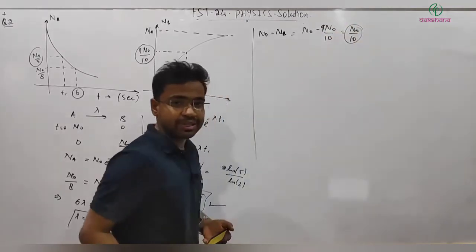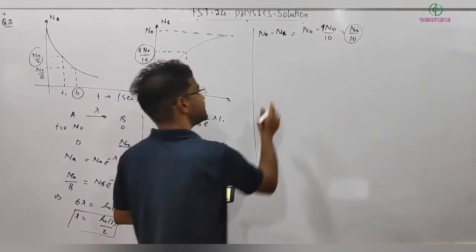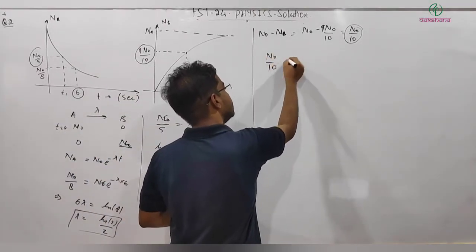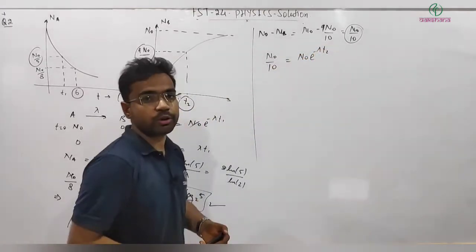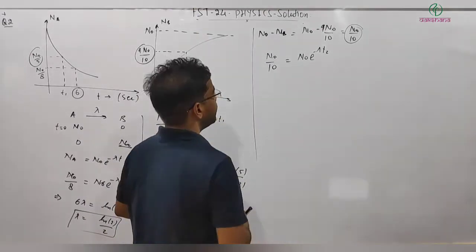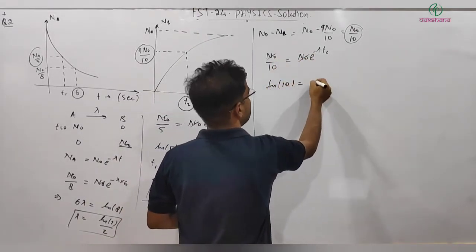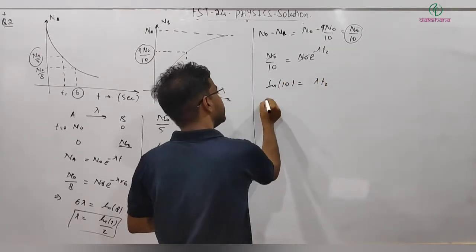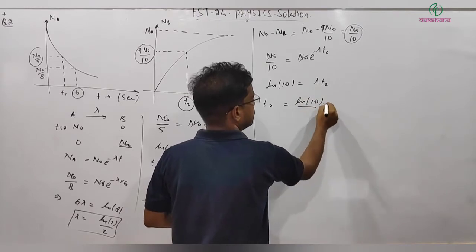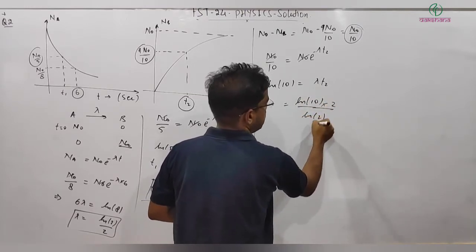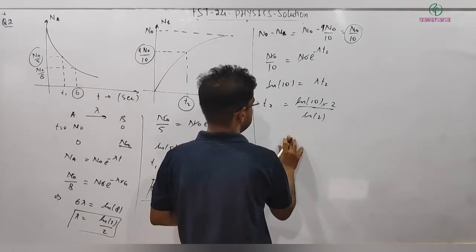So this is the time t2. So N naught by 10 is equal to N naught e raised to the minus lambda into t2. I hope you are understanding this relation. Simplifying it, N naught gets cancelled, ln 10 is equal to lambda t2, and t2 we are getting is ln 10 divided by lambda, that is equal to 2 ln 10 divided by ln 2.